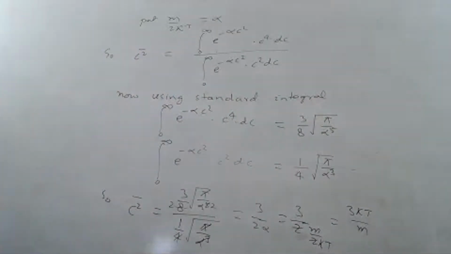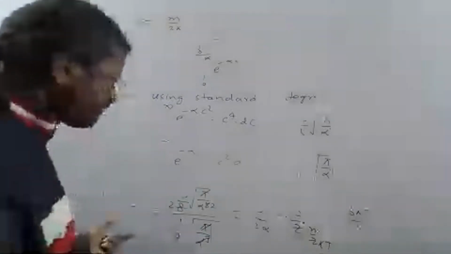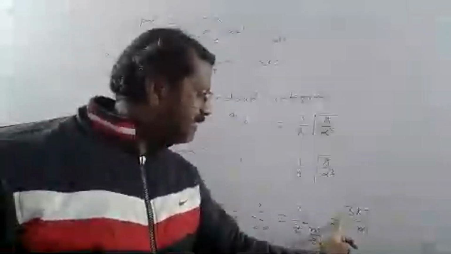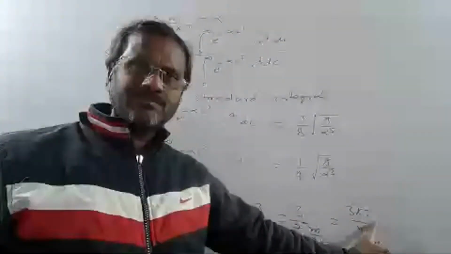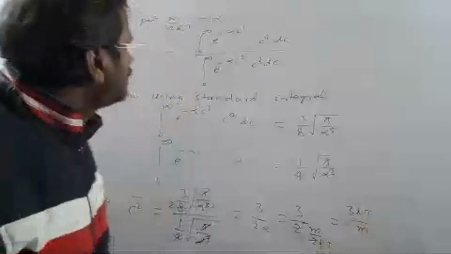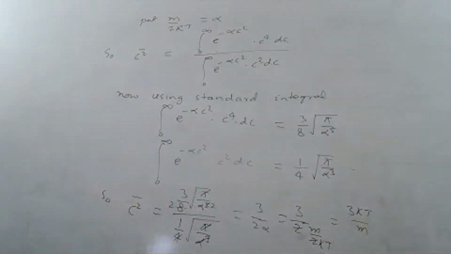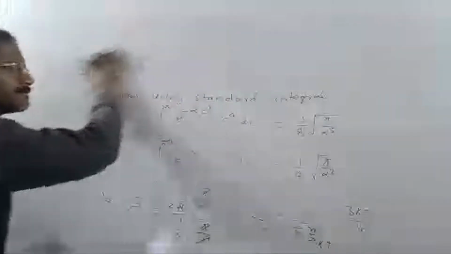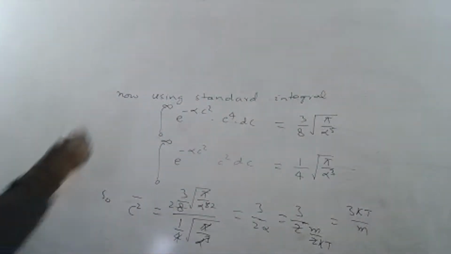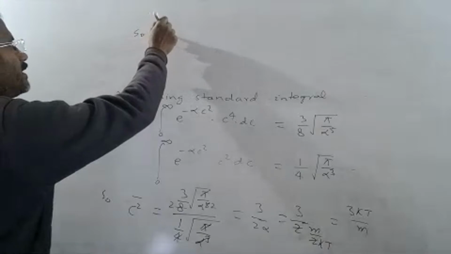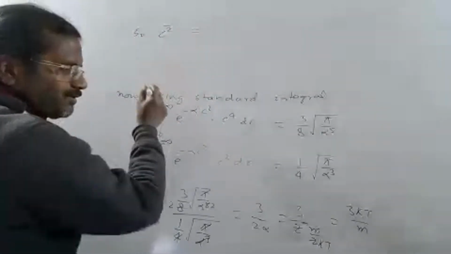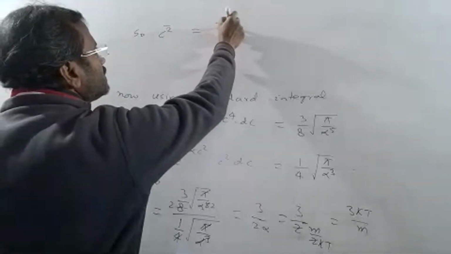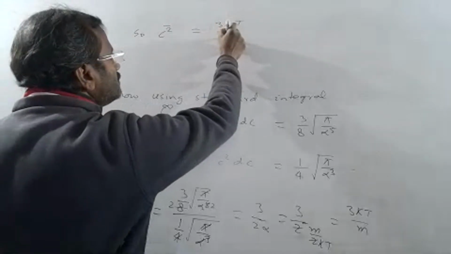This is the value of mean square velocity. So mean square velocity is equal to 3kT by m.